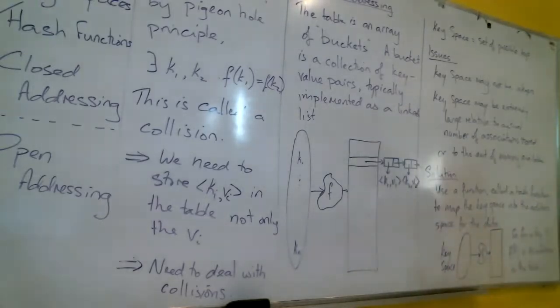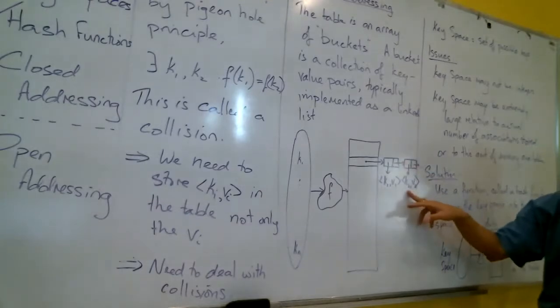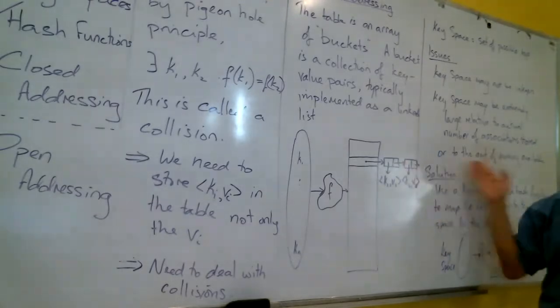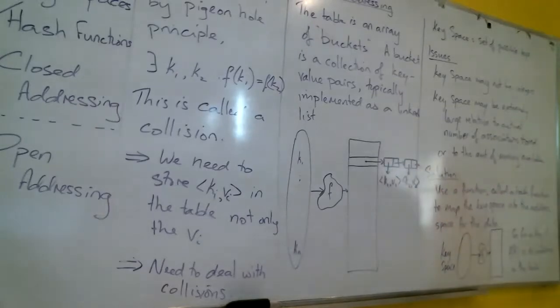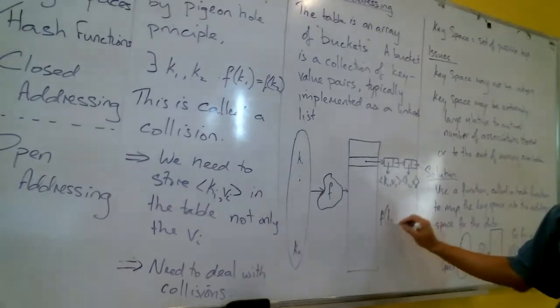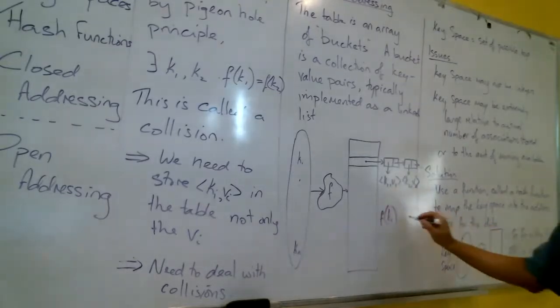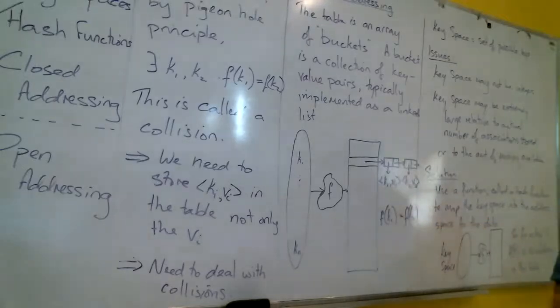In case you can't read that, that's a linked list that has K1, V1 in it as first, K2, V2 in the second slot, and it might be more. It continues. But the thing here is that these are all collisions. So in this picture, F of K1 is equal to F of K2 because you got a collision.